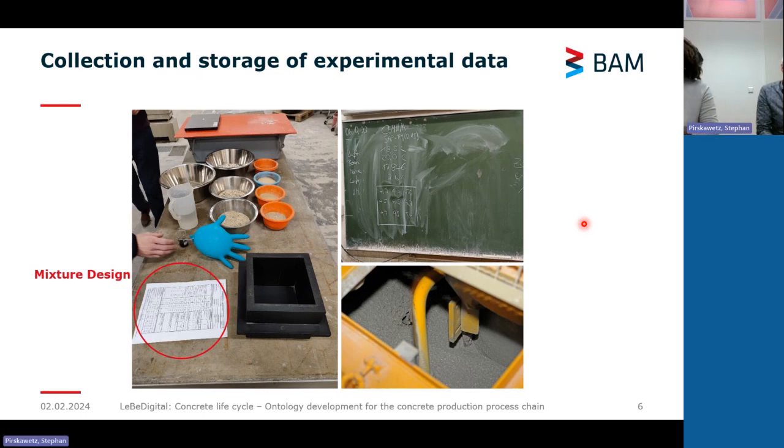For that, we do tests, sometimes, not every time, like slump tests, or we need to weigh the fresh concrete, and that is information that also needs to be stored. Because the lab workers sometimes wear gloves and are busy with the concrete, it's not always easy to take a computer and open an Excel sheet and write information.